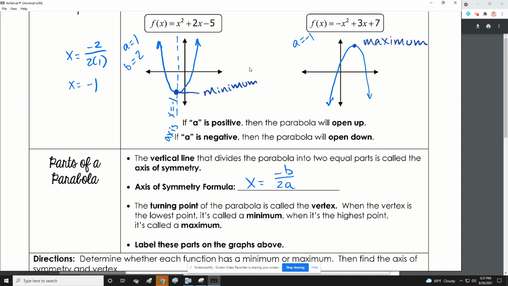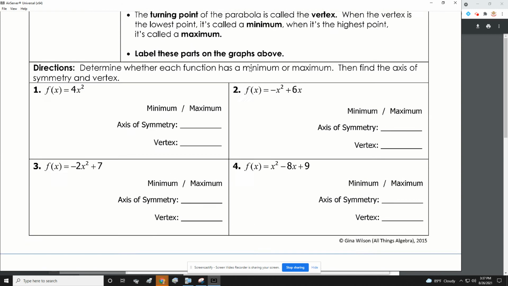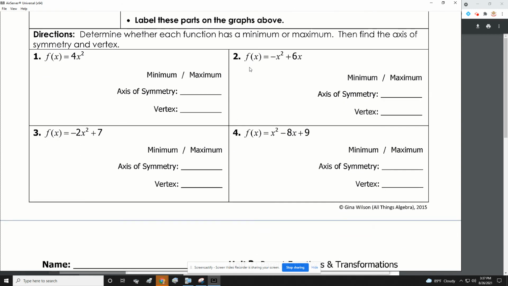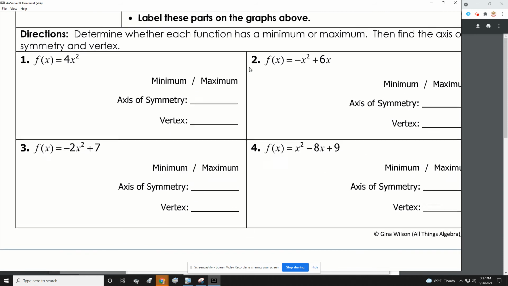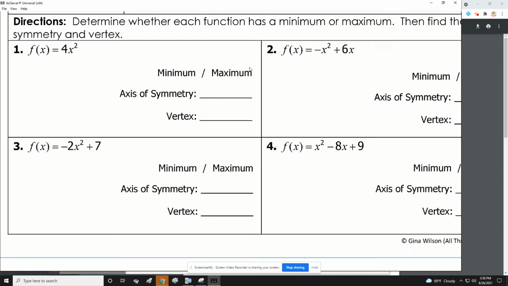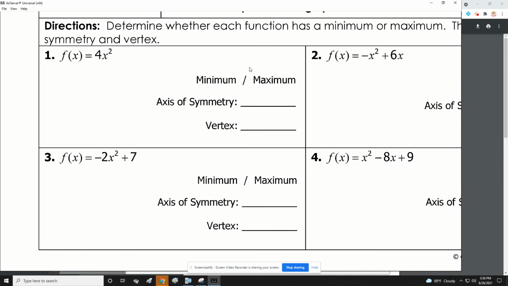And then this one, the axis of symmetry would be that right there. Okay. So on our examples, we're going to determine whether each function has a maximum or a minimum, and then find the axis of symmetry and the vertex.